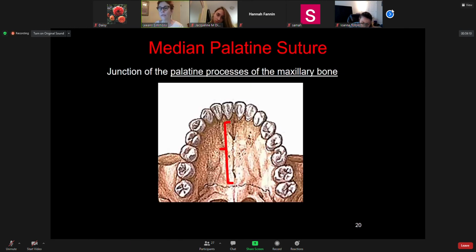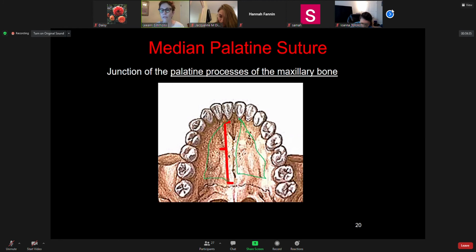Now, the palate, the hard palate that forms the roof of your mouth, is formed by processes of the maxillary bone, okay? And these are the palatine processes of the maxillary bone. Here, there's one on this side, and there is one on this side.